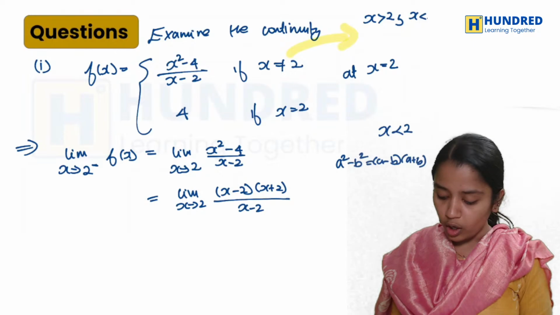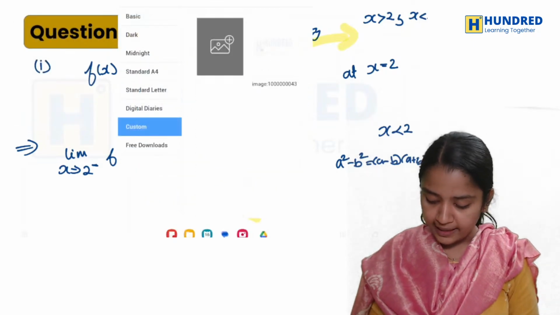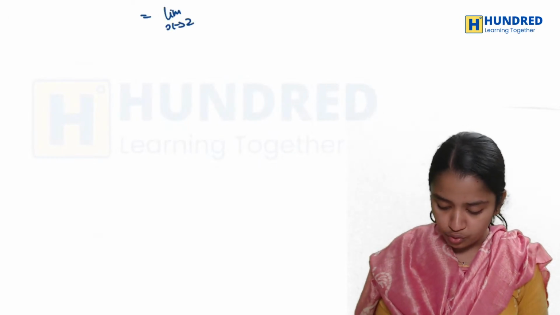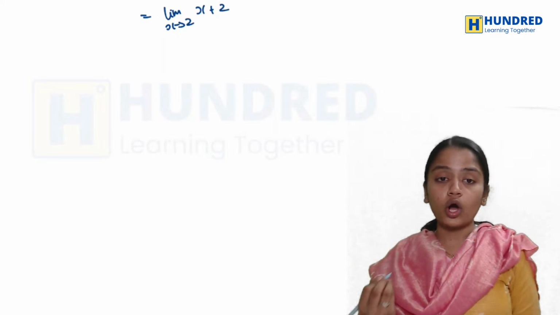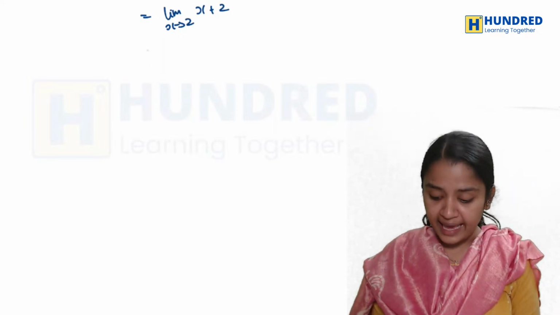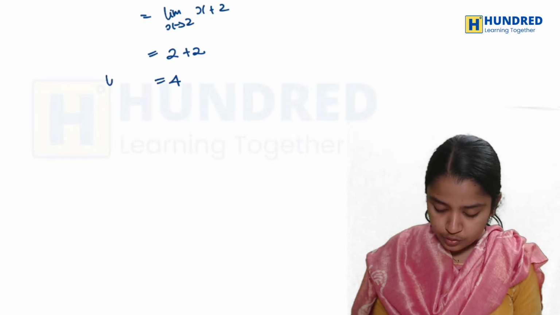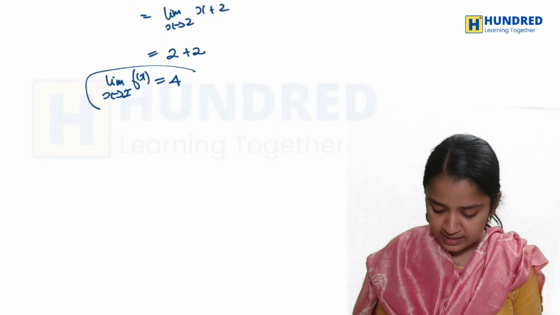Cancelling these two, I get the limit as x tends to 2 of x plus 2. Substituting x equal to 2, it is 2 plus 2, which is 4. So the limit as x tends to 2 minus of f of x is 4.